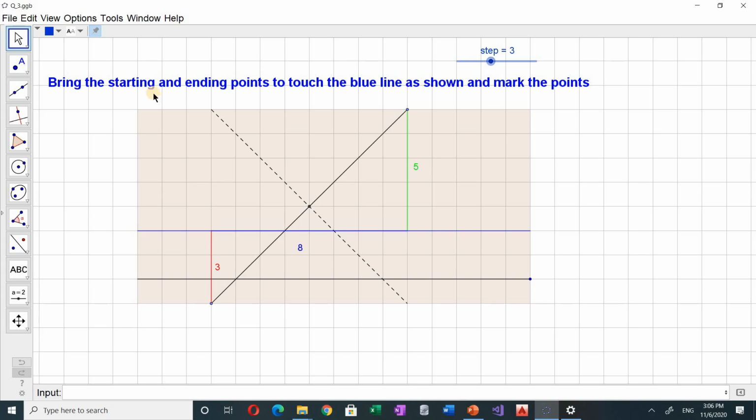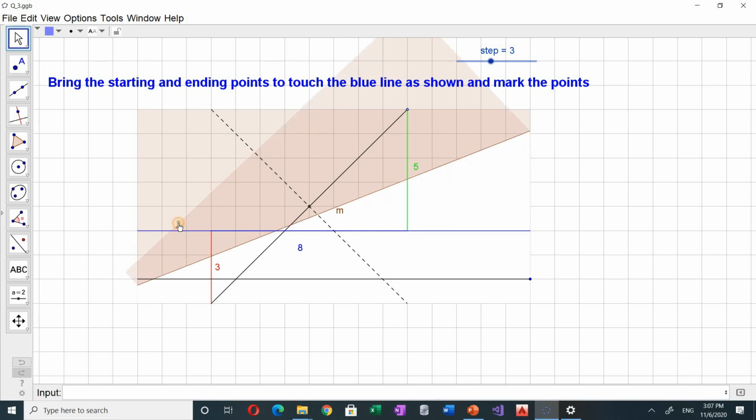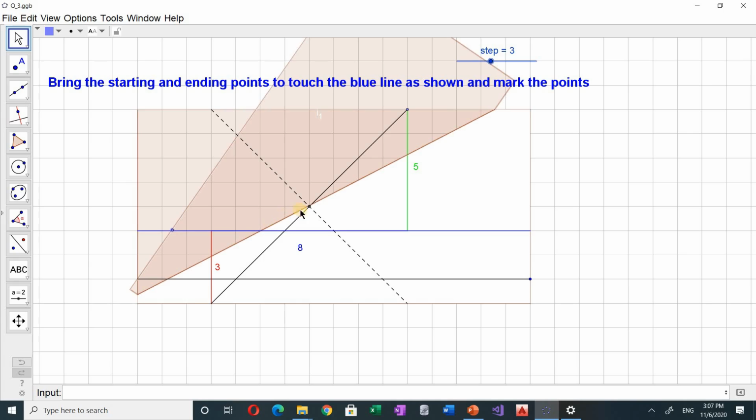Then we bring the starting and ending points to touch the blue line and mark the points. First, I'll try to fold this point in such a way that it touches the blue line, and also try to make sure that the back part of this paper is just touching this point, and I will mark this point over here.